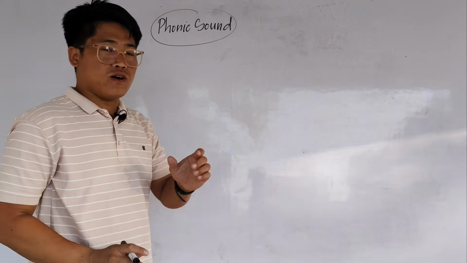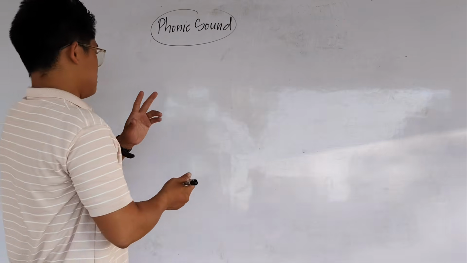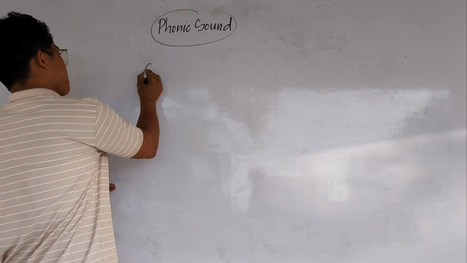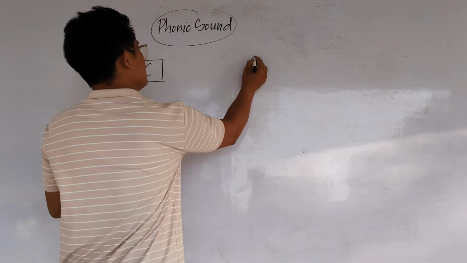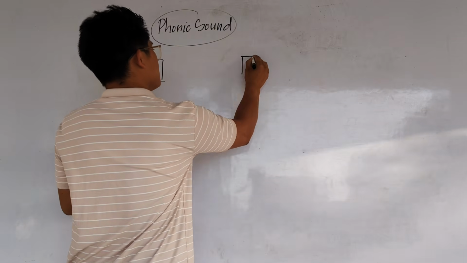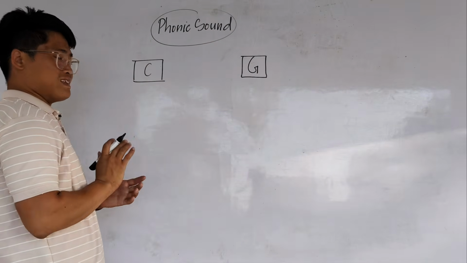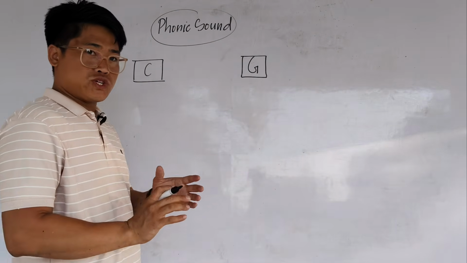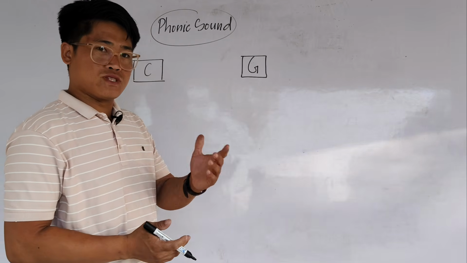In phonic sound, there are two consonant letters: C and G. These are the two consonant letters which most people find difficult in pronouncing.